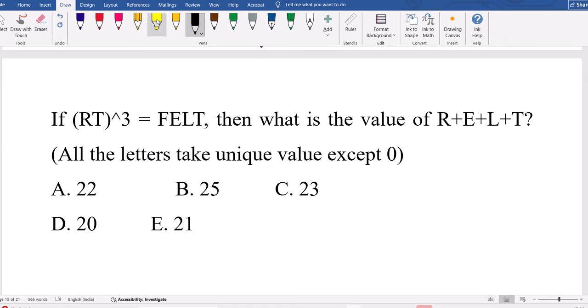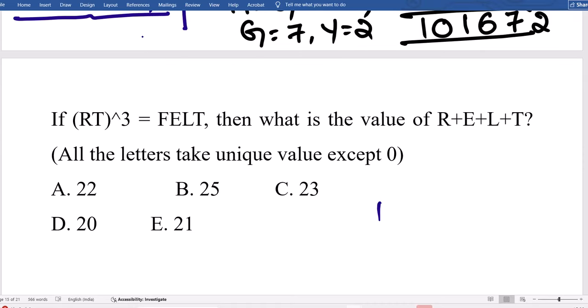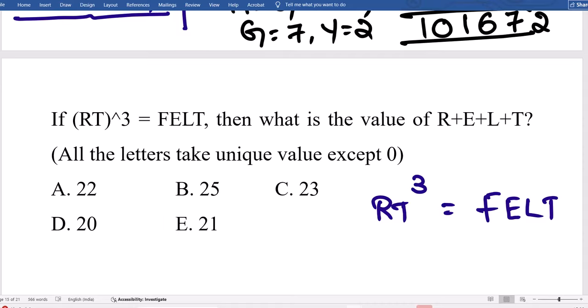RT is a 2-digit number. Power 3 is felt. You have to calculate R plus E plus L plus T. RT power 3, I think this can be done easily.